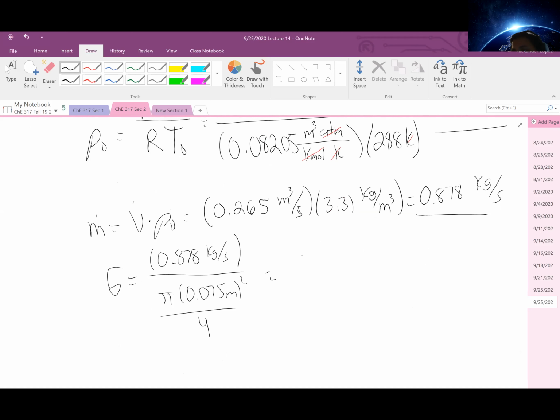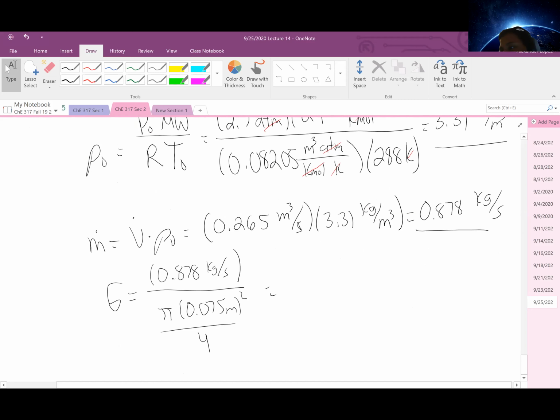Which gives us approximately 199 kilograms per meter squared per second. So now we have our G value.